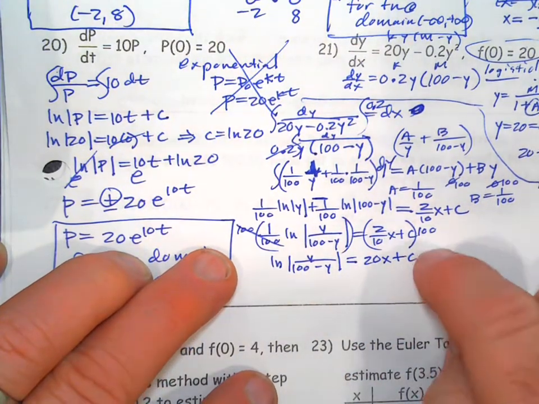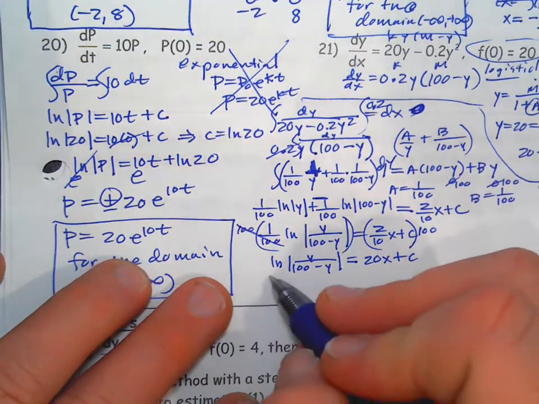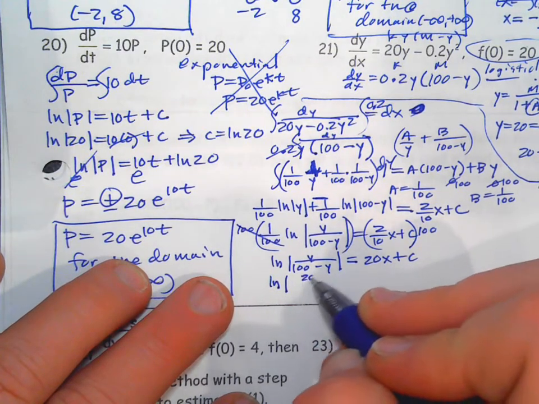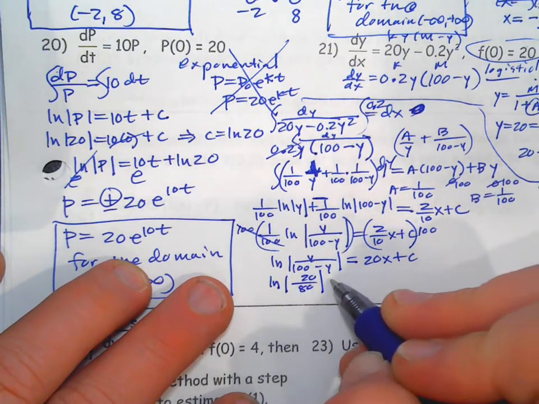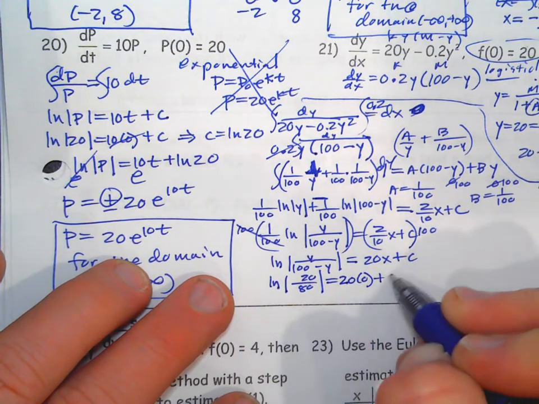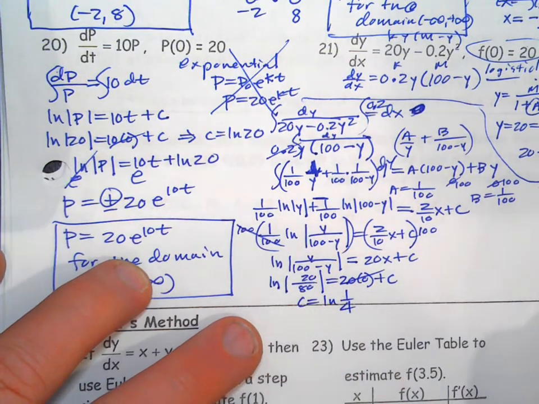And if you solve for c here and plug it back in, you should be good. So if we plug in the initial condition, which is 20 for y, that's going to be 20 over 80, and 0 in for x. So c equals natural log of 1/4.